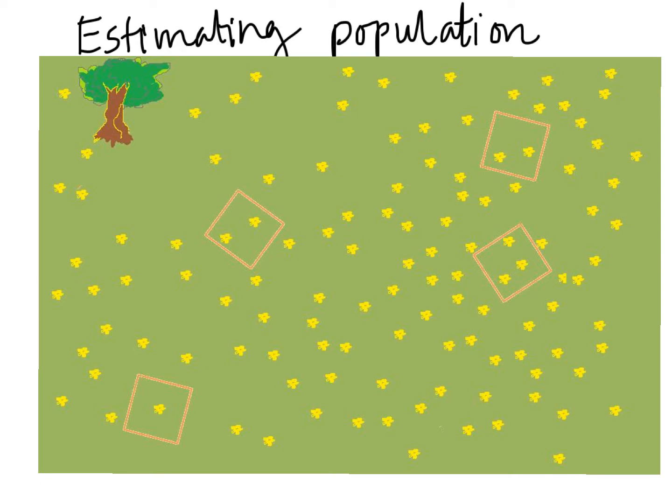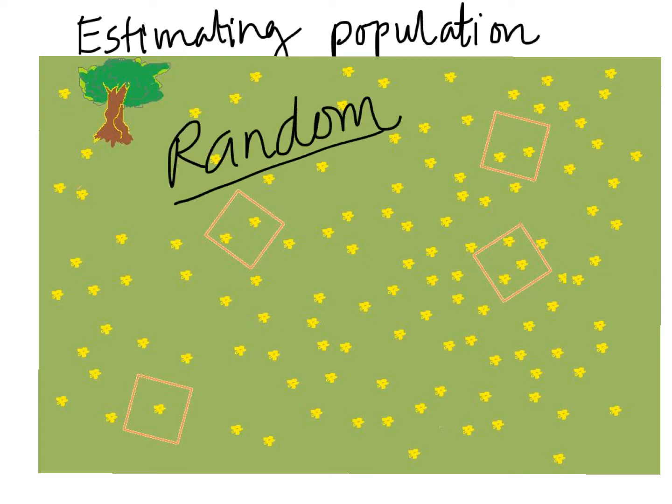Often it is thrown in a particular place with no preference, or sometimes you use something like a dice to select the area to sample. Very random places have to be sampled, and that is how these quadrats have been placed. So it's really important that you understand that these quadrats are placed at random, which means with no preference.